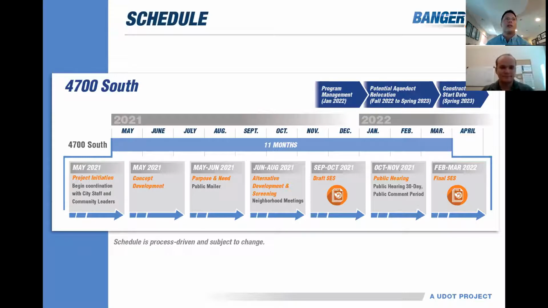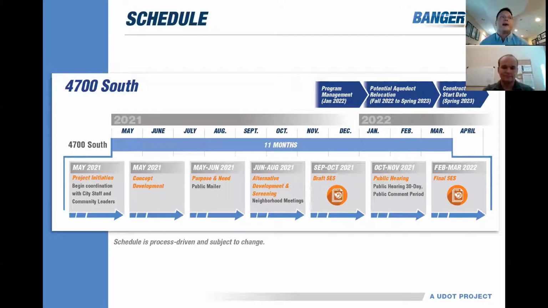So we are currently on the left side of this chart, conducting a public open house to better inform our concept development. Once a design has been selected, UDOT will hold neighborhood meetings to notify impacted residents and businesses and discuss the path forward. And that is currently scheduled for late August.